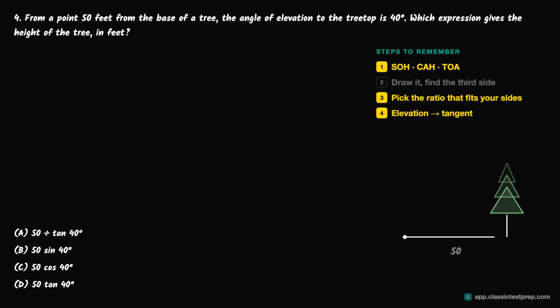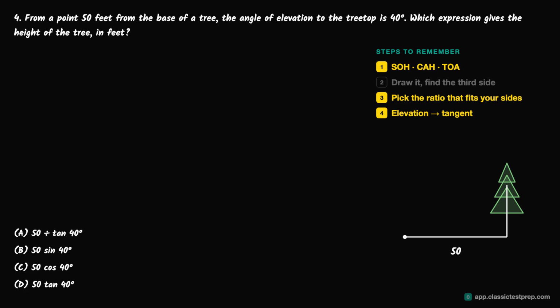Okay, one last one for this set. From a point that is 50 feet from the base of a tree, the angle of elevation to the top of the tree is 40 degrees. Which expression gives the height of the tree? So these kinds of angle of elevation problems are almost always dealing with tangent. And it's important to remember that this is a triangle problem still, even though it's not shown.